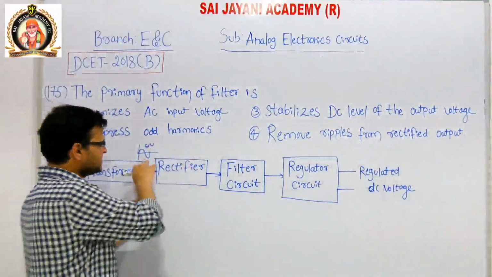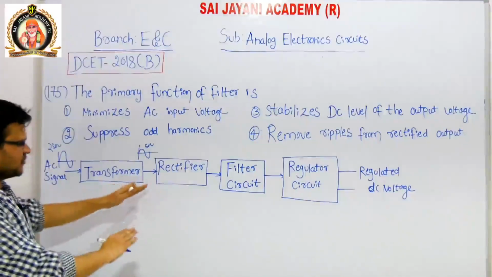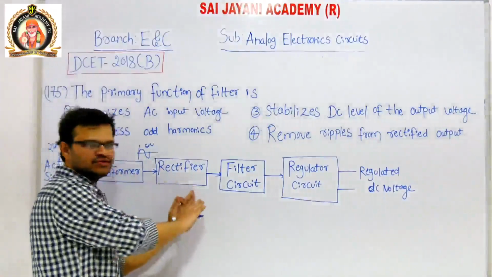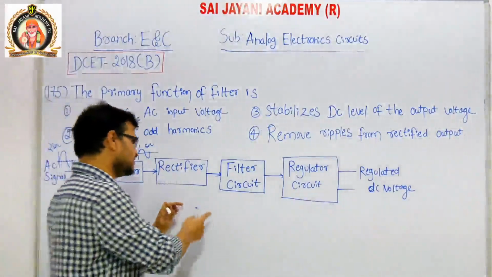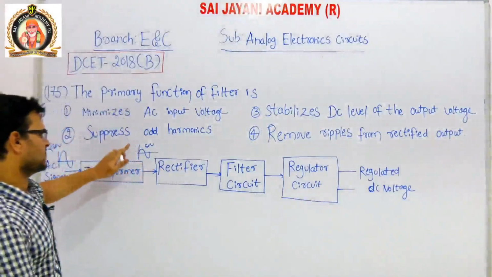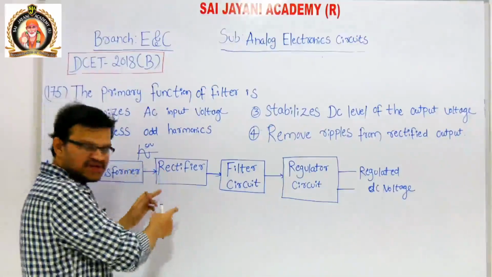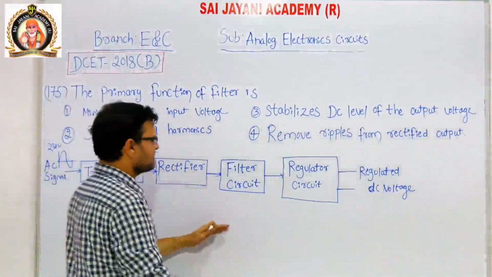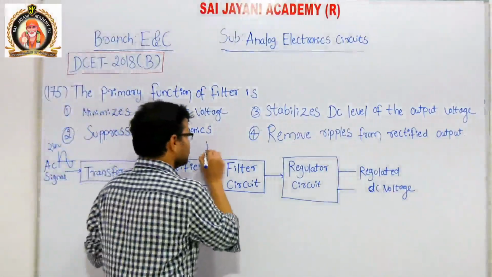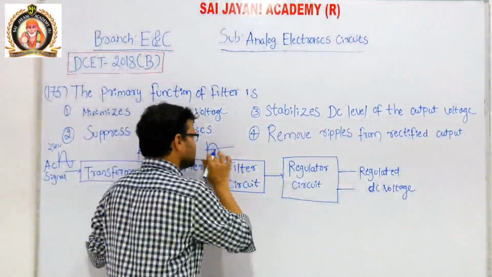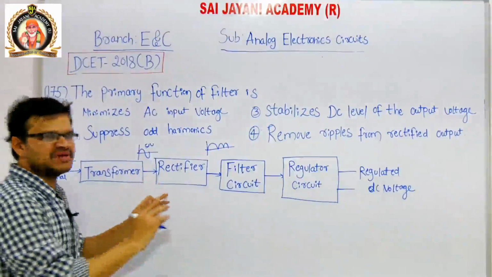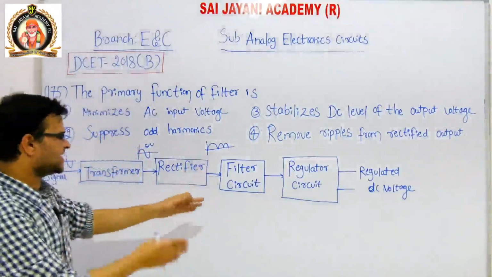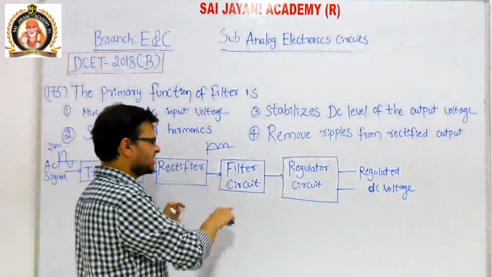Then this minimized AC voltage is applied to the rectifier circuit. The rectifier circuit converts the minimized AC voltage into a pulsating DC voltage. Pulsating DC voltage means that in addition to the DC signal, some ripples are present at the output of the rectifier circuit.